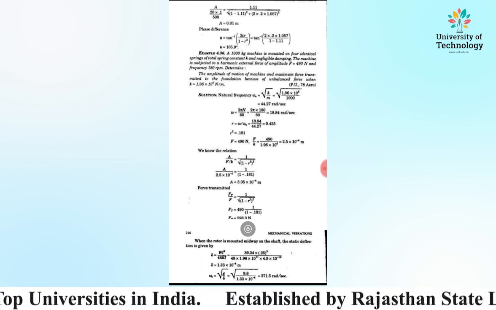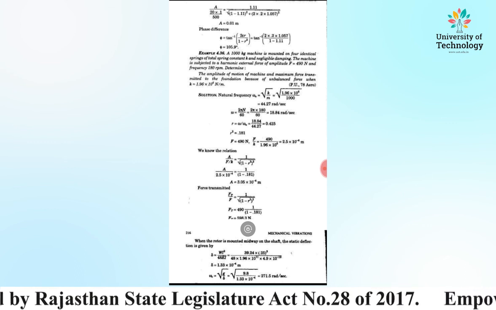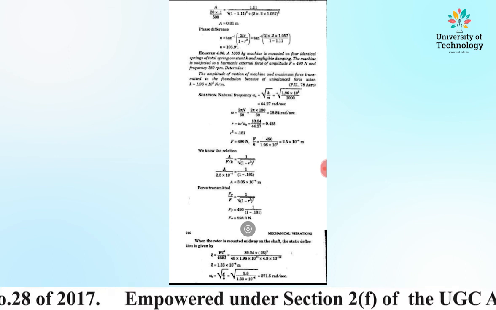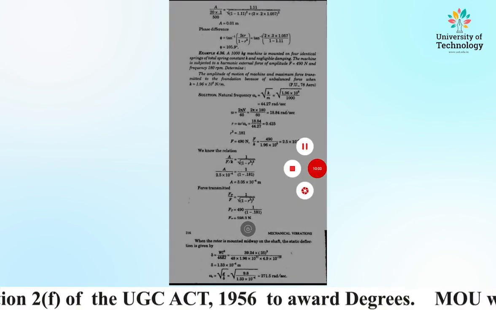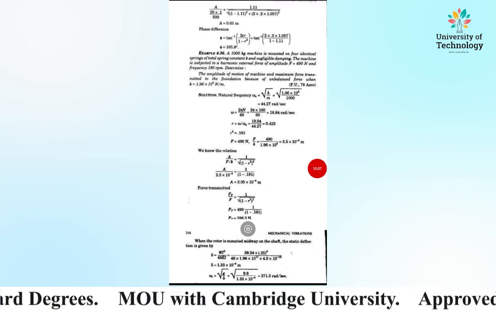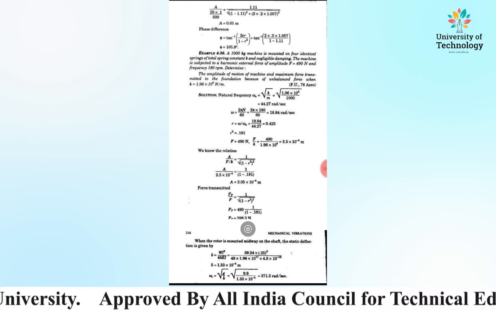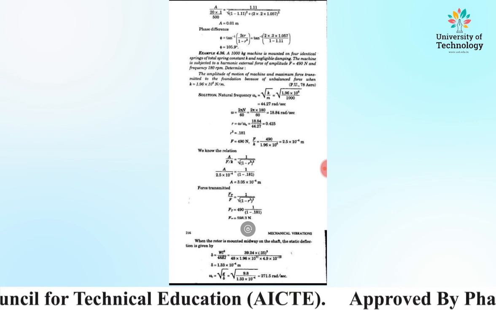Here the value of W is 39.24, and putting this value we get the deflection, that is 1.33 × 10^-4 meter, and omega n is equal to root g by delta, that is equal to 271.5 radian per second. Thank you.